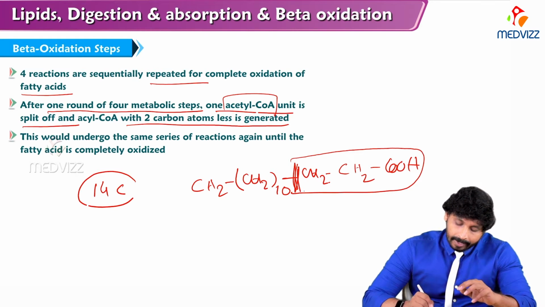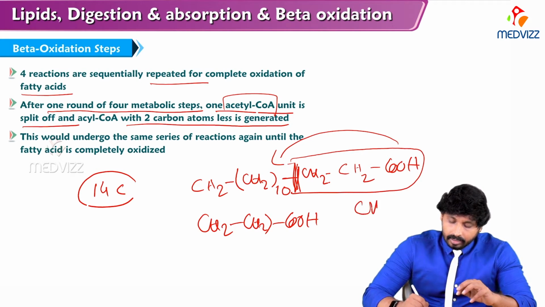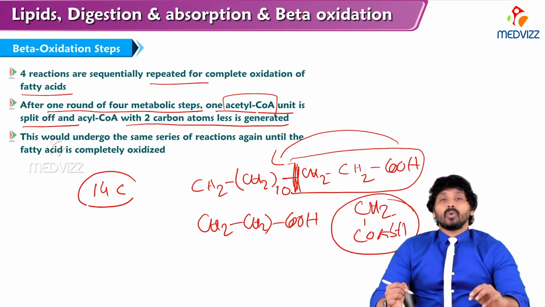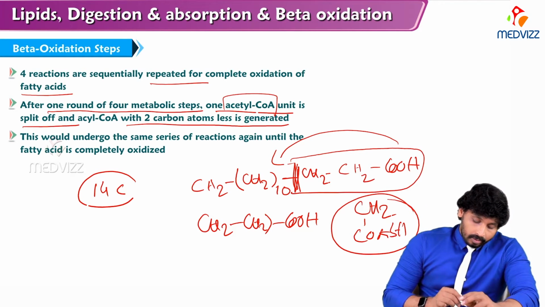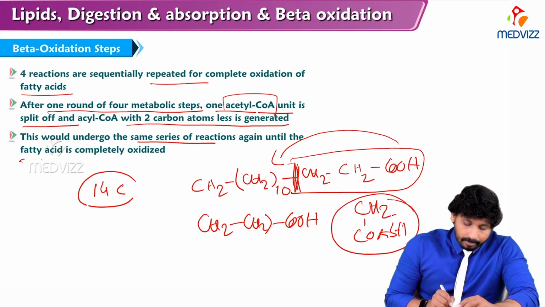So what happened here? Again a functional group will be attached here. This CH2, CH2, COOH, and this part will be removed as acetyl-CoA, with CoASH. 2 carbons are here, acetyl-CoA. Right. So this would undergo the same series of reactions again until the fatty acid is completely oxidized.